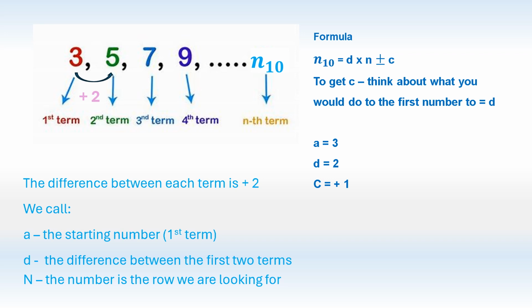So now that we know C, we can use the formula. We're going to say our rule now is nth term is n times 2 plus 1. So where n is, we put 10 because we're looking for the 10th number. 10 times 2 plus 1, and it is 21.